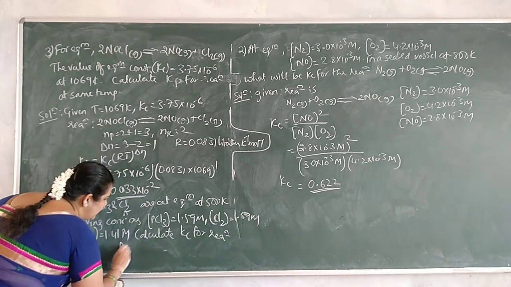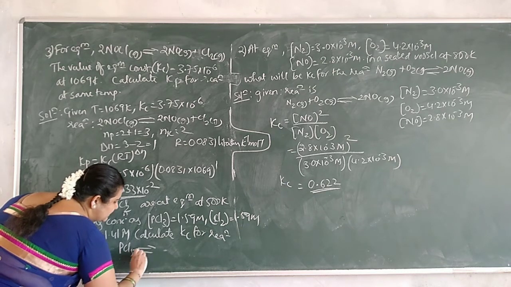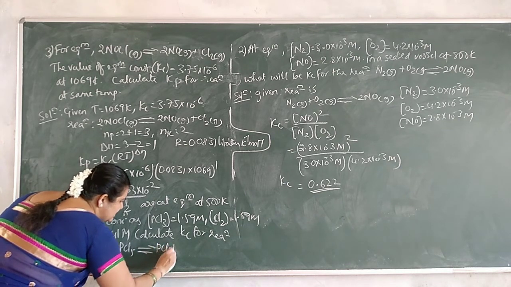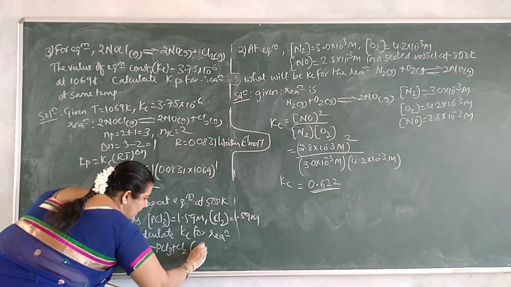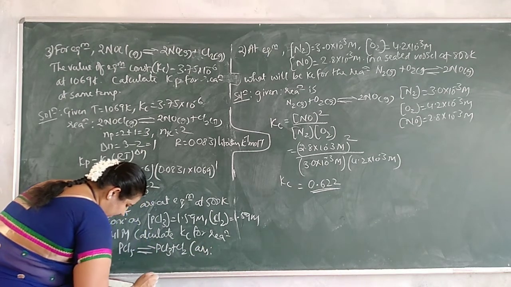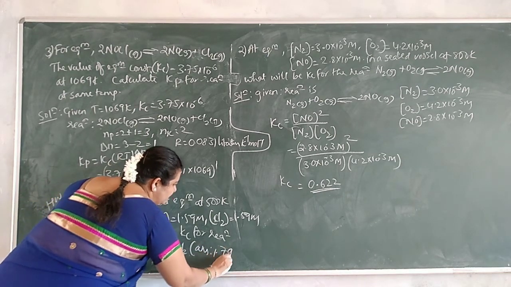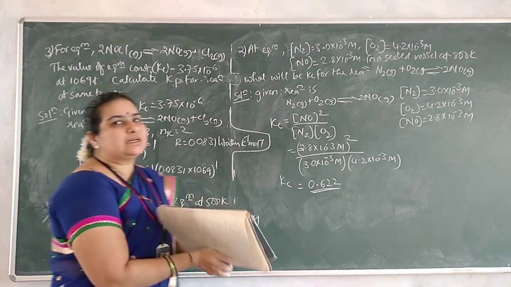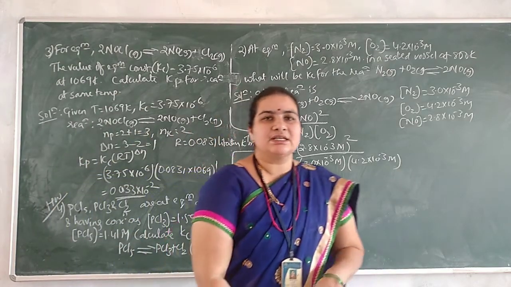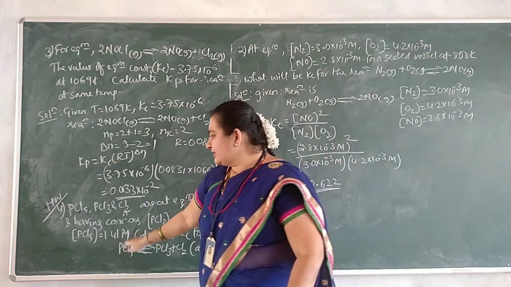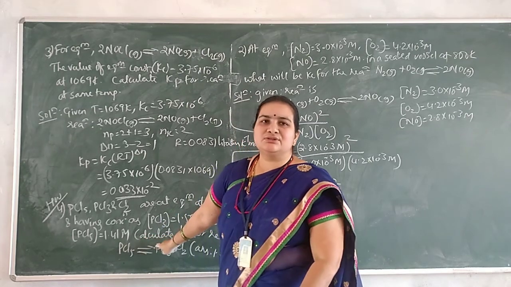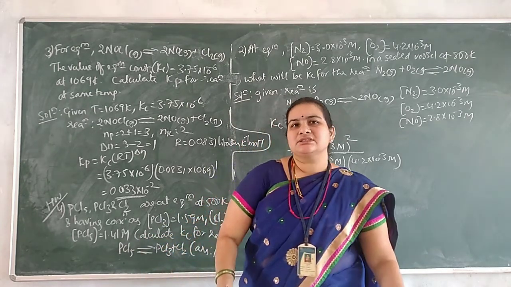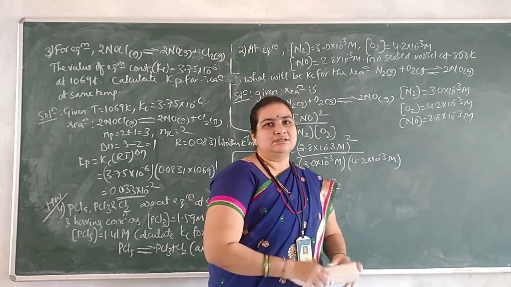Reaction is given, PCl5 reversibly giving rise to PCl3 plus Cl2, and answer of this problem will be 1.79. Just you do the problem, write the Kc, that is expression for Kc, substitute the values and get the answer and check the answer with the given answer.